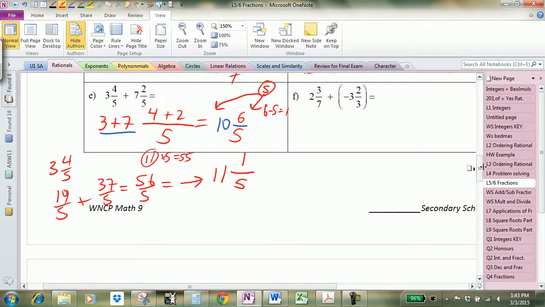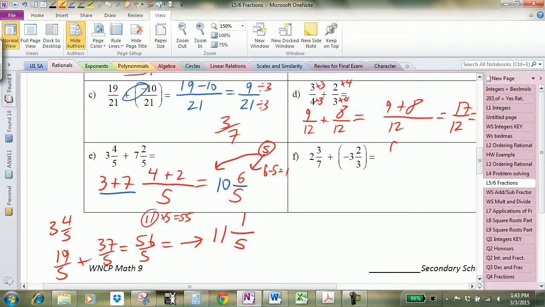Okay, and I'll show you right now. You got to watch out for false negatives. Whenever you're subtracting, it's always good practice and somewhat best practice to change these to improper. So 2 groups of 7 is 14, plus the 3 is 17 over 7.